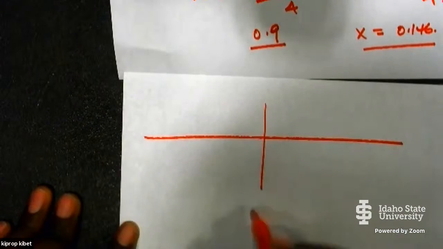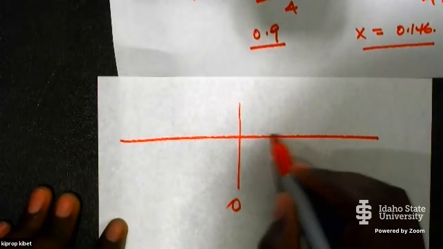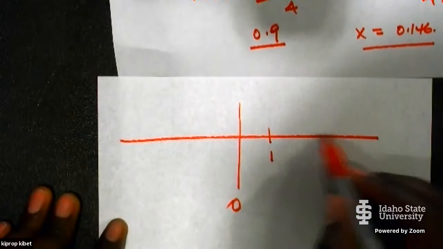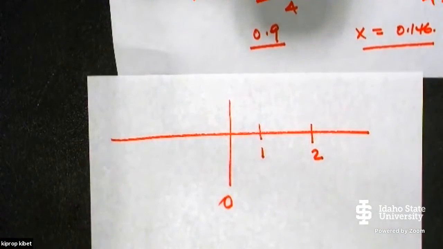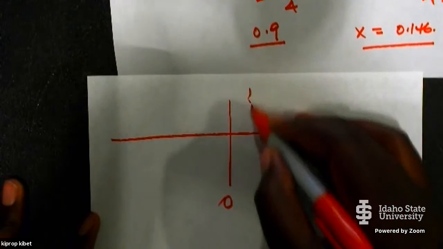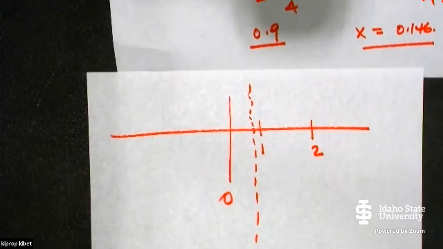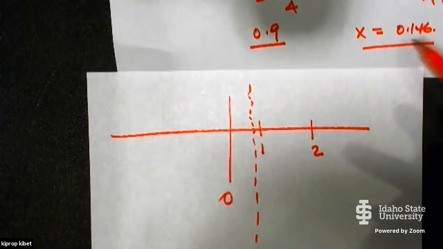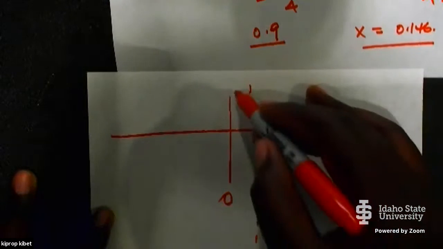Now in our number line, it will be like that. So 0, and then the x here is 1, and the x here is 2. So 0.9 is somewhere here. And then the next one is almost 0.1, let's say 0.1.